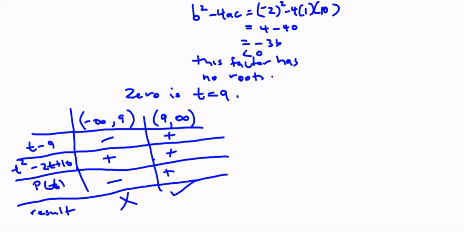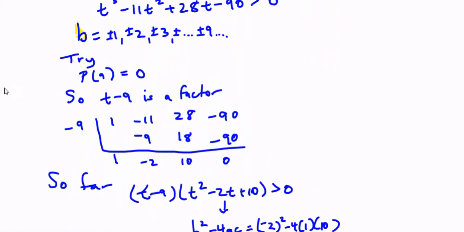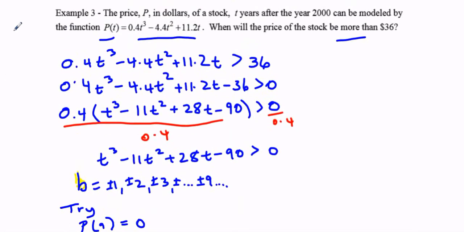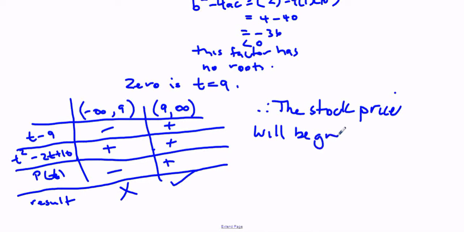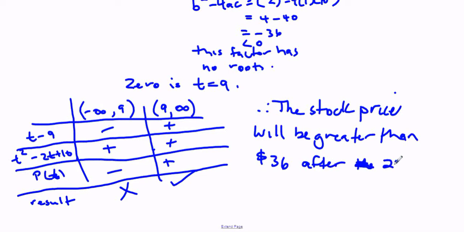So now, how to answer this question? The question was, when is the stock price greater than $36, right? All right, so we know that the stock price will be greater than $36 after 2009.